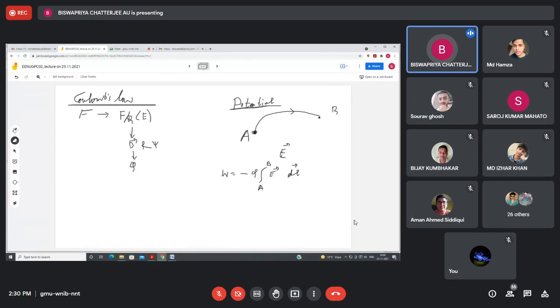So it is a mathematically written expression for work done to move a charge from position A to position B. You need to carry the charge from A to B. Now, why this minus sign?